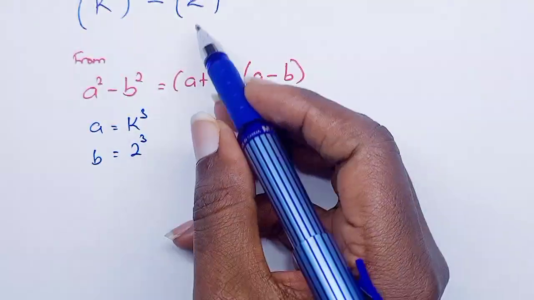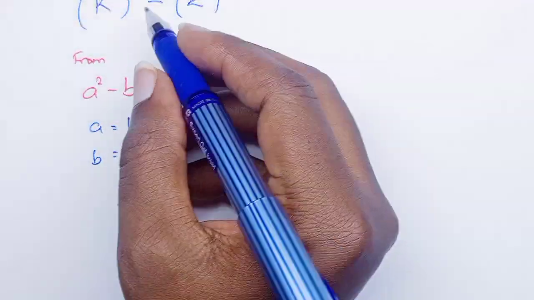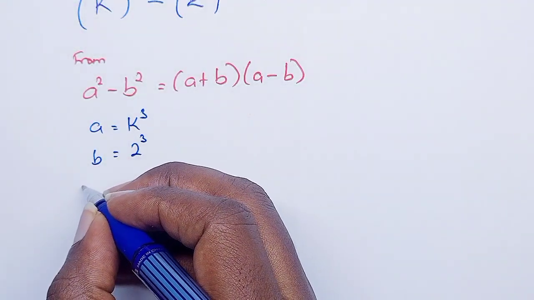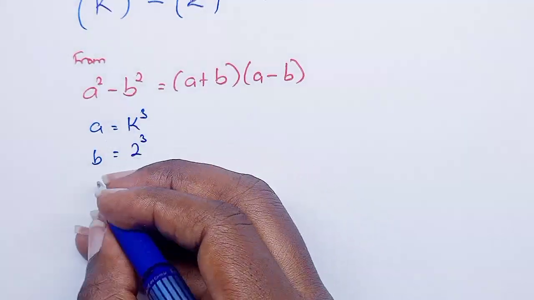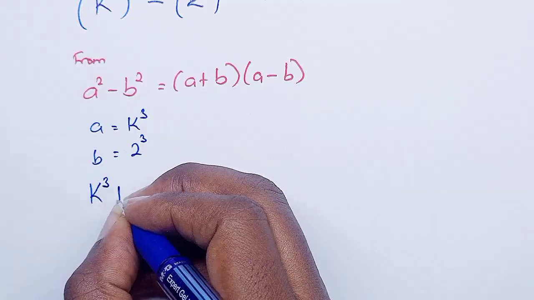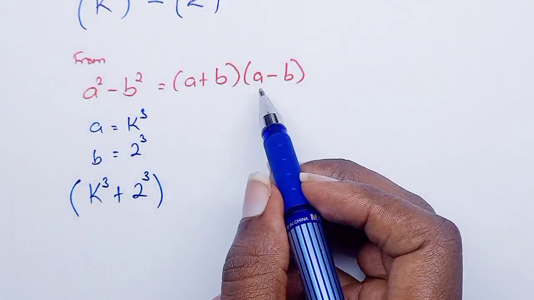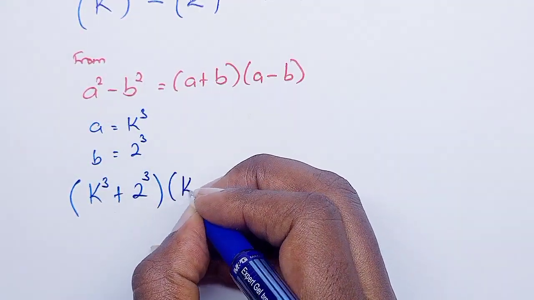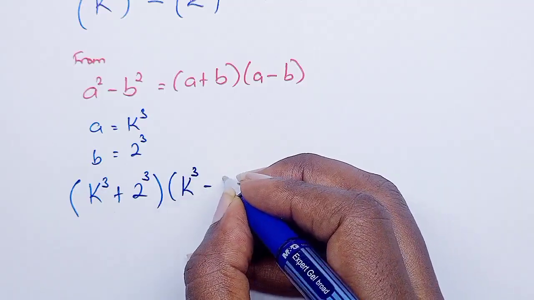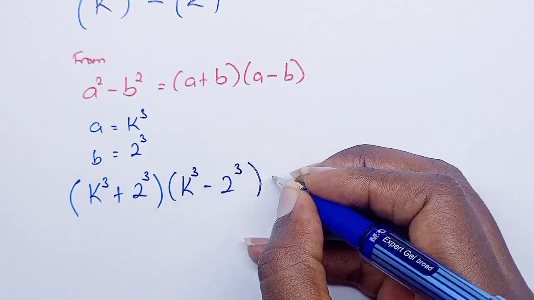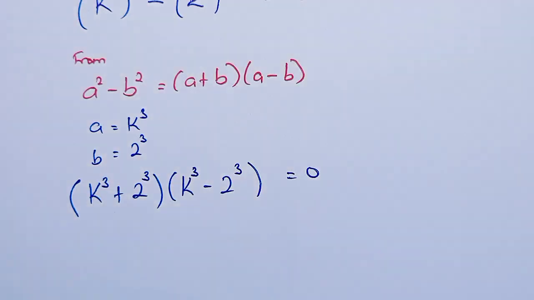So substituting this here, this will become a plus b, which will be k power 3 plus 2 power 3, into a minus b, k power 3 minus 2 power 3. This is equal to 0.